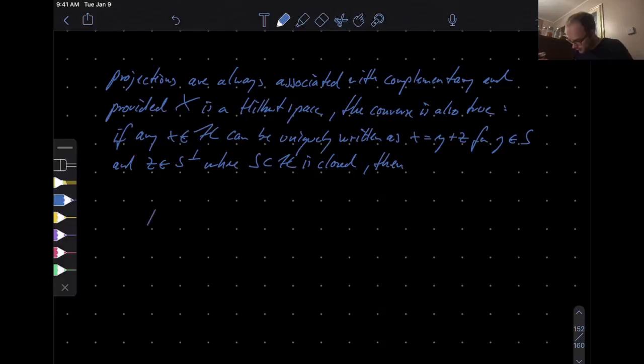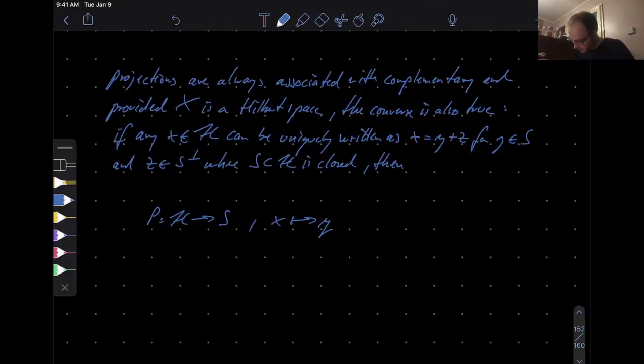Well, that's easy. P_S, well, that's why it's called a projection. It just projects onto that subspace. So I map my arbitrary element x in the Hilbert space just to that part that lies in S, and that is, after all, y.